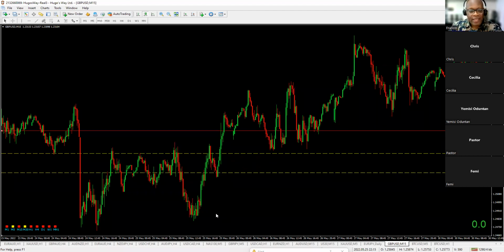So in this case, if we consider this as a trend, we can see there are pullbacks. There is a swing high, swing low, swing high, swing low. Each time it is pulling back. So if you say this is point A, this is point B, that will be point C.